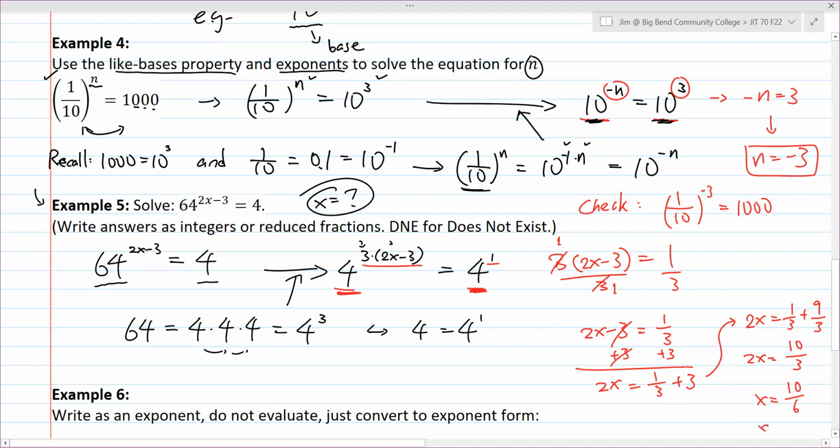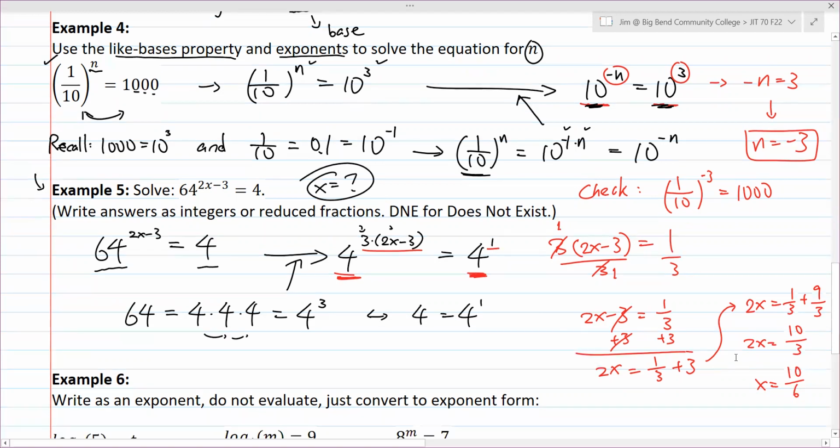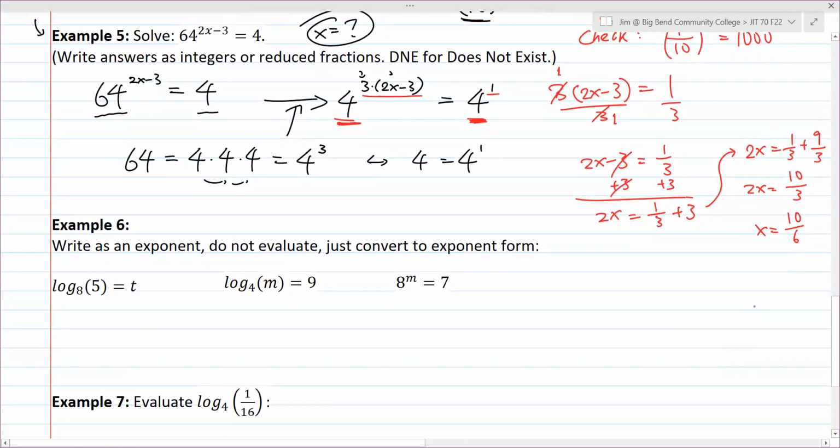And then reduce the fraction again, and you'll get 5 over 3. So the final answer will be 5 over 3 for example 5. Okay. All right, so that's how you solve for the unknown if you have a setting like this.